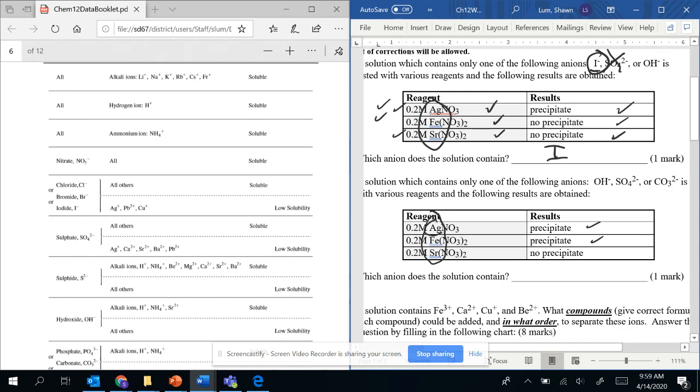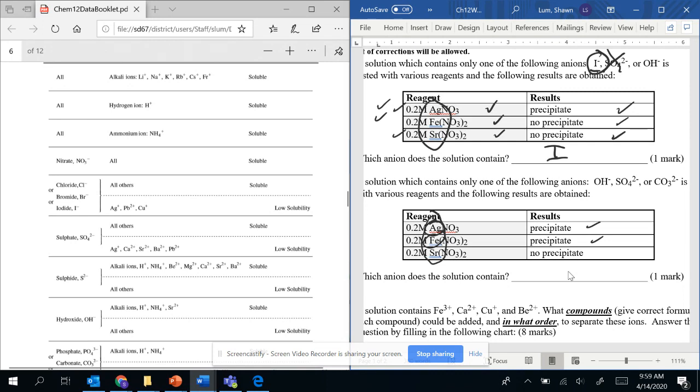So forms a precipitate with Ag and Fe, but not Sr. That's going to be our hydroxide, our OH, which is down here. So forms a precipitate with Ag, which is part of all others, and Fe, which is also part of all others, but does not form a precipitate with Sr, soluble.